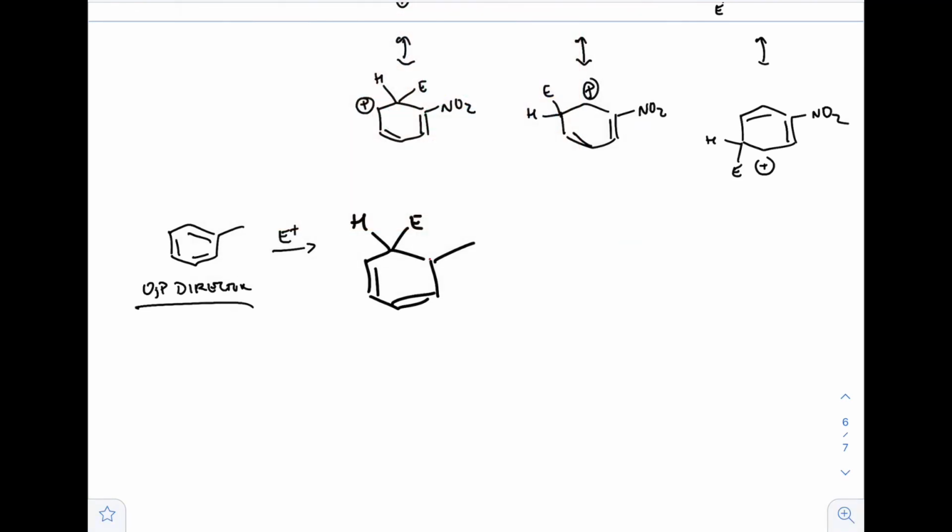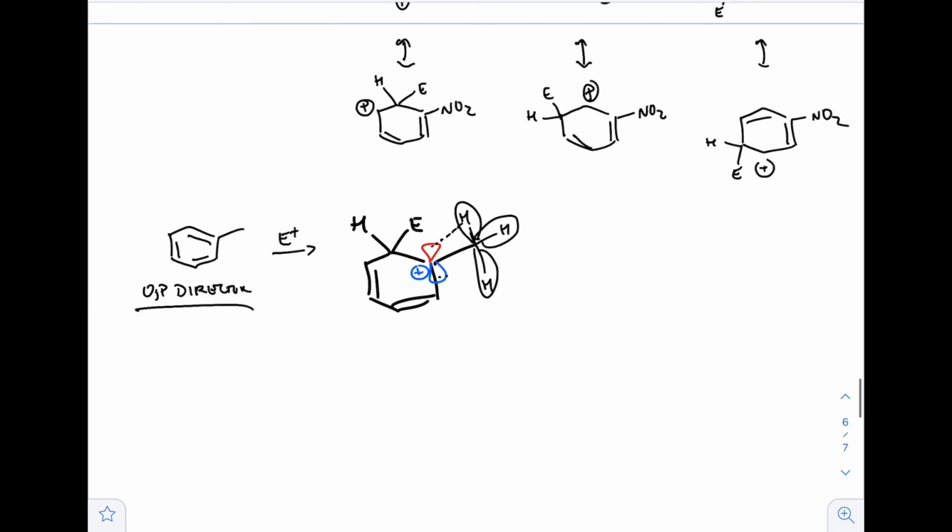Let's go ahead and draw what was really there, which is a vacant p orbital. Okay, it's the positive charge. And remember, an alkyl group, at least like the methyl group, will have hydrogens kind of floating up and down. This bond right here, this sigma bond that's there, can overlap with that vacant p orbital. And remember from previous chapters, this process is called hyperconjugation.